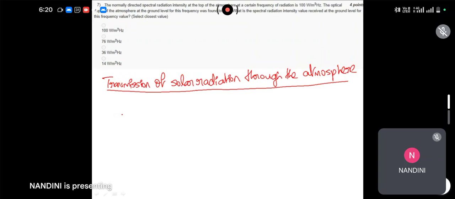So in the question, it is said normally directed spectral radiation intensity. Suppose this is the surface and this is the atmosphere. There is some radiation that is coming like this. The intensity of the radiation coming, I nu infinity, is given as 100 watt per meter square hertz. And the optical depth of the atmosphere at the ground level for this frequency is found to be 2.